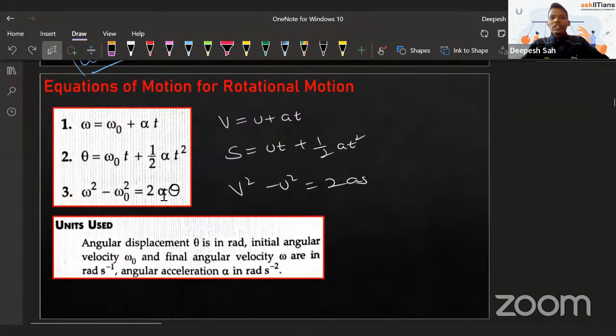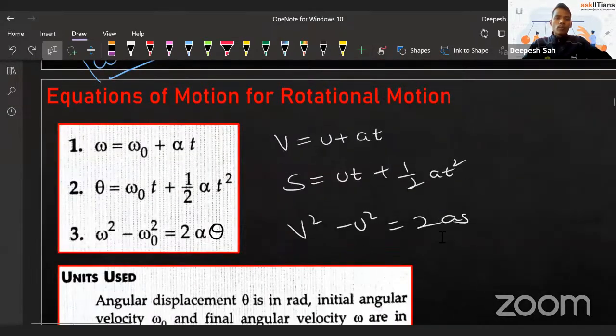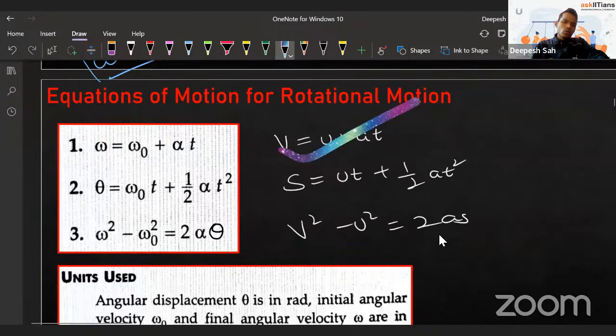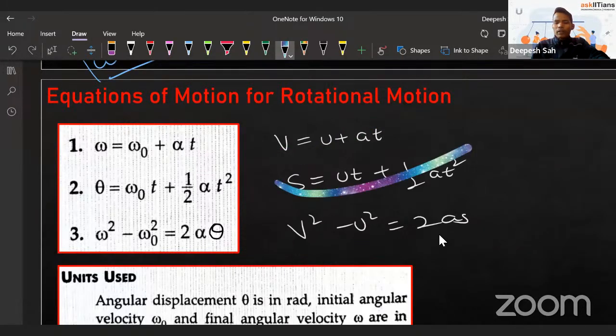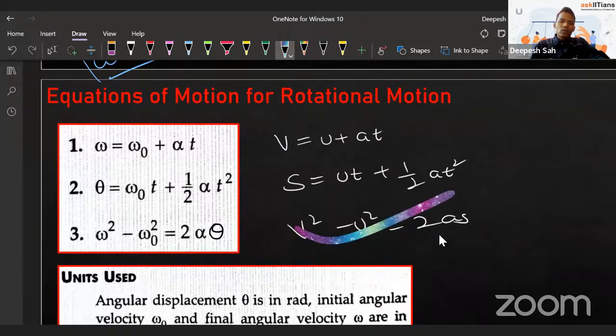Now, the three equations of motion as well. We are very familiar with the three equations of motion: v is equal to u plus at, s is equal to ut plus half at square, v square minus u square is equal to 2as. So what can we say in this situation? We can convert these three equations into their rotational version as well.